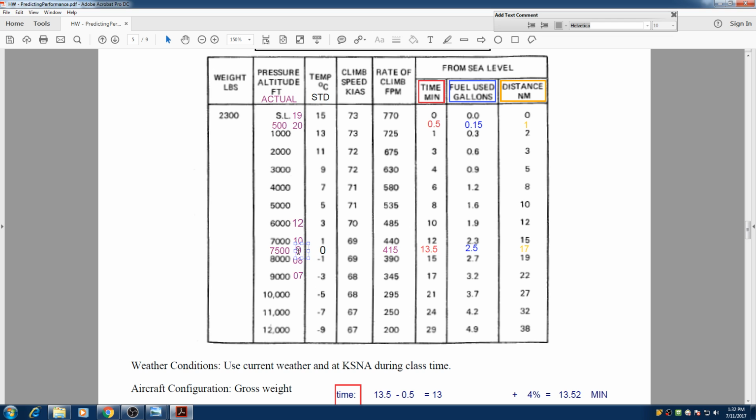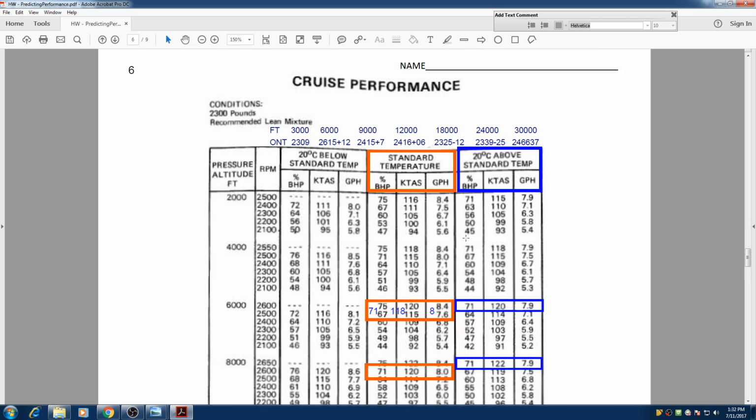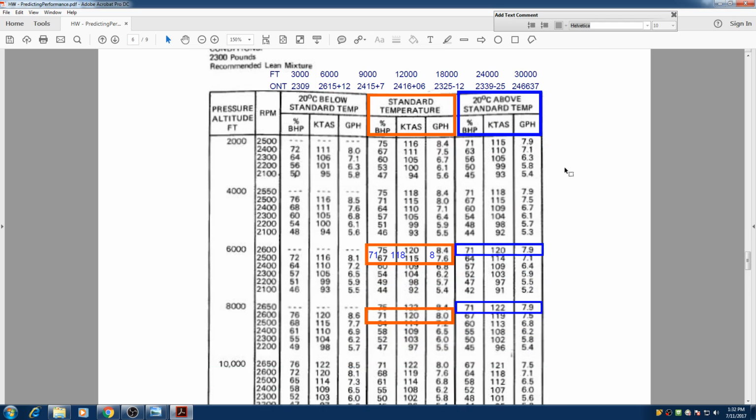If we look at this chart right here, our METAR says that today at sea level it is 19, so at 7,500 feet it is going to be 9 degrees Celsius based on the Winds Aloft information. So we are 9 degrees above standard. Now that we know that, we can easily find our values.